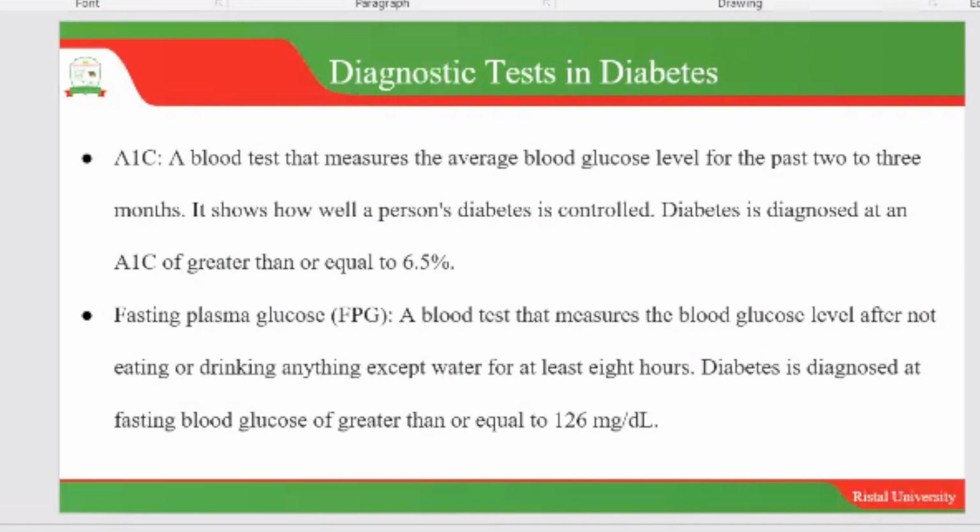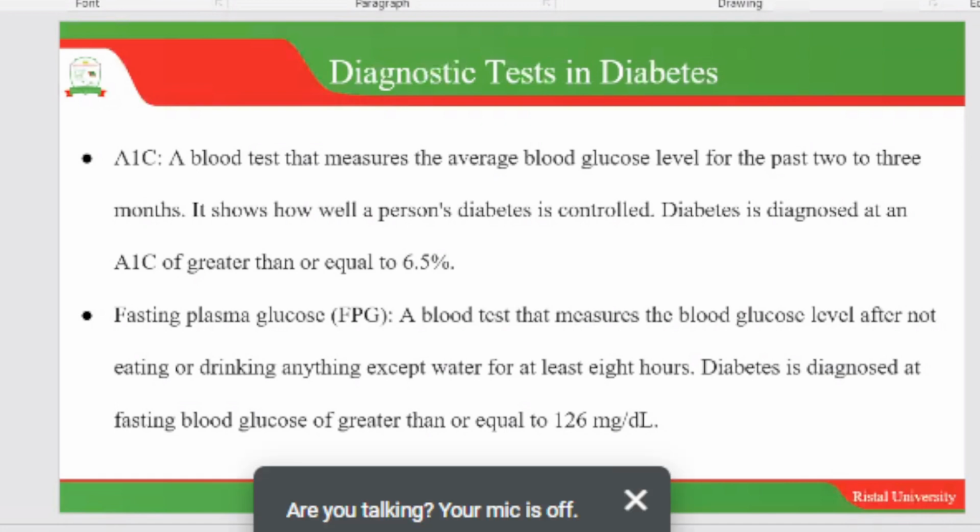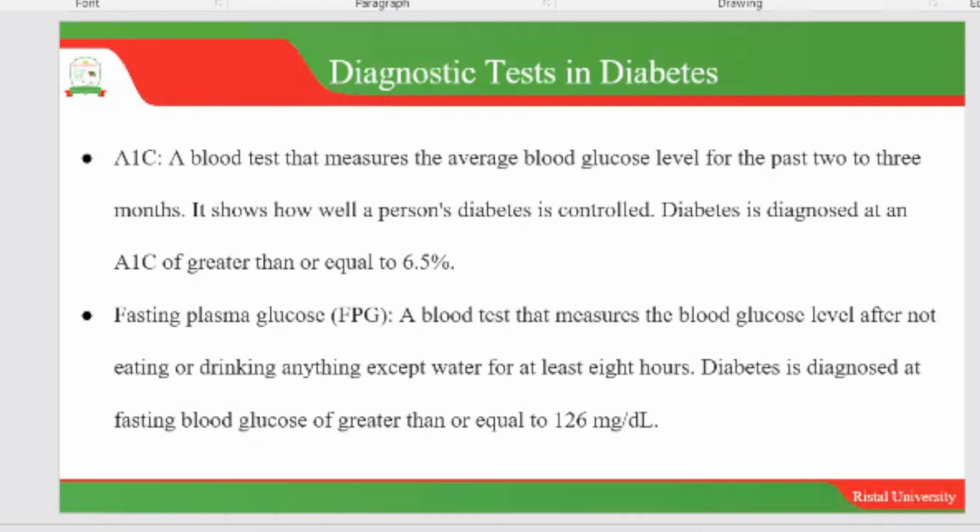So the person is checked before being given glucose. After 2 hours they will be tested. If it is 200 milligrams per deciliter, it means the person is diabetic.